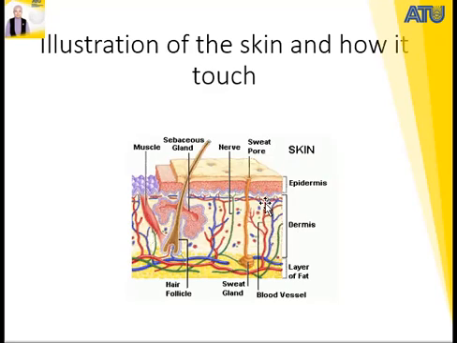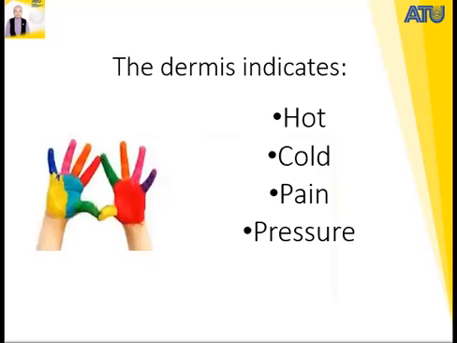We feel through these receptors, which give a signal to our brain. The dermis indicates hot, cold, pain, and pressure. Of course, this is just relative: hotter or colder, more pain or less, and the same with pressure.